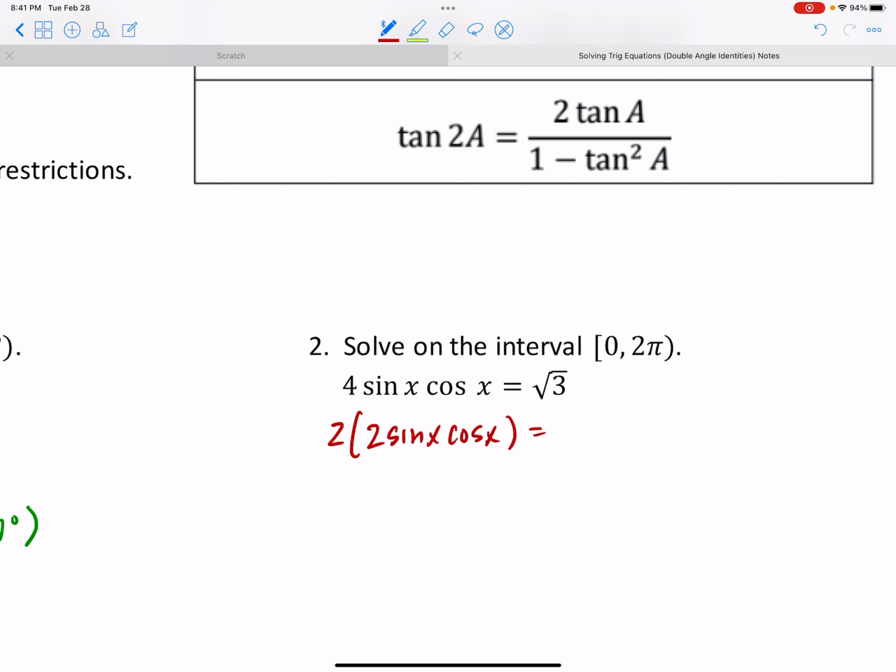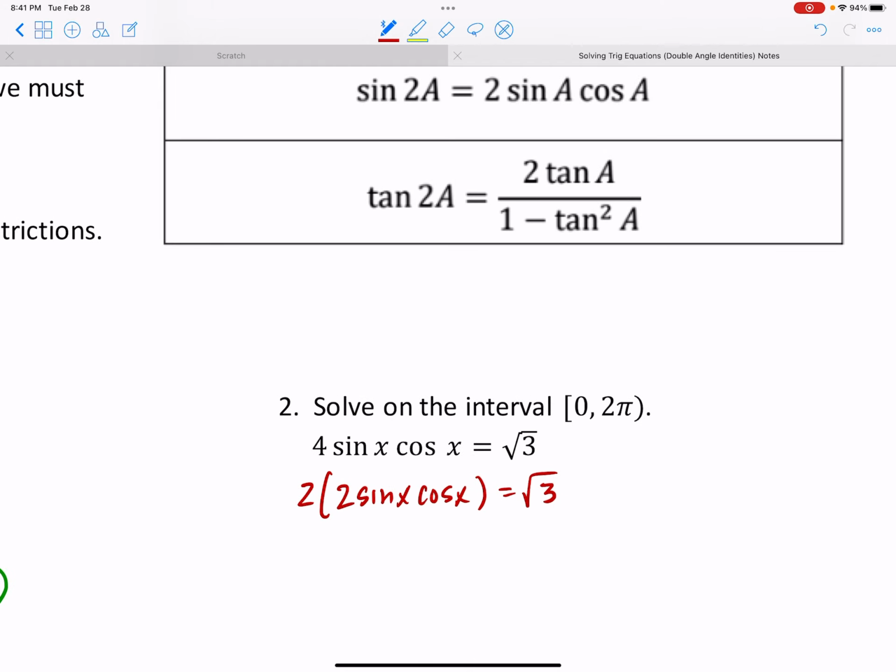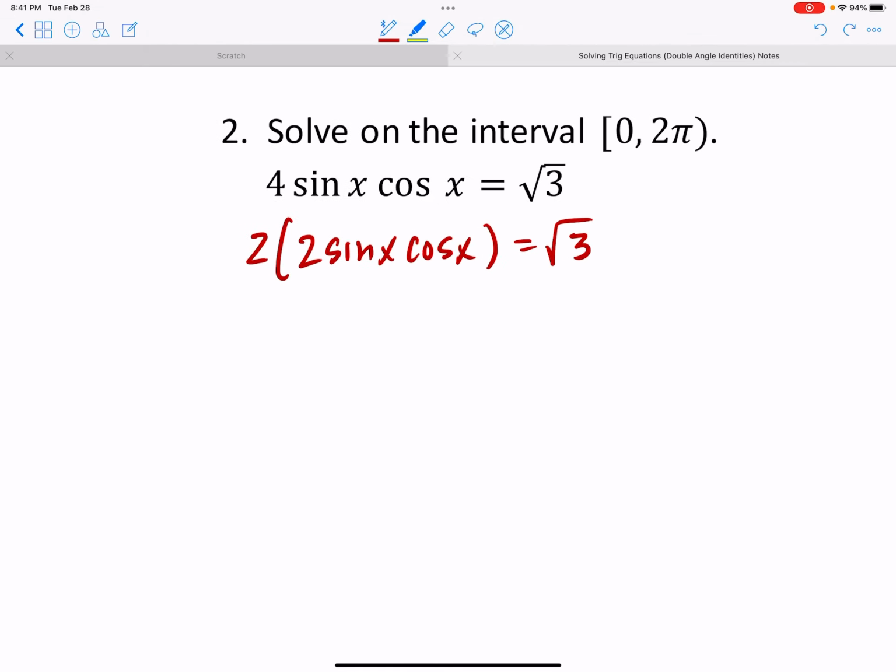And then I can see my double angle exactly. So now I can replace that with the sine of my double angle. So that would be my next step here. 2 sine x cosine x is going to get swapped out. It becomes 2 times the sine of 2x, and it's still equal to radical 3.